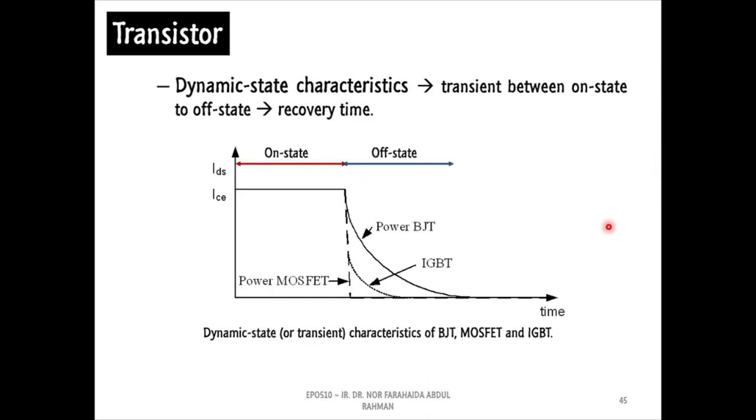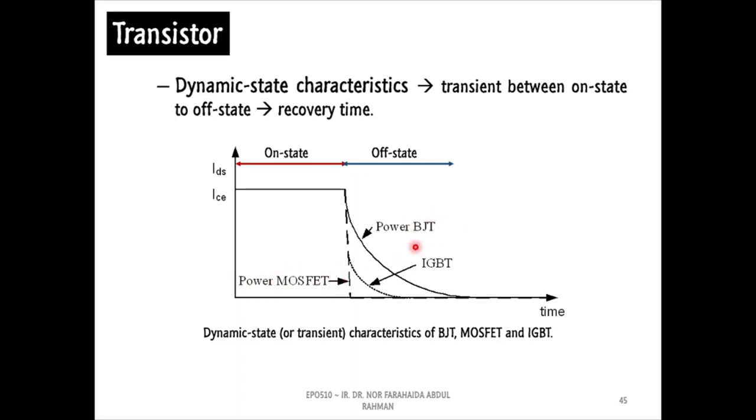To compare the dynamic state operation of these transistors, you can use this figure. This graph shows the time taken by each transistor to switch from on-state to off-state by observing the conducted current waveforms. According to this graph, the fastest transistor is MOSFET and the slowest is BJT.